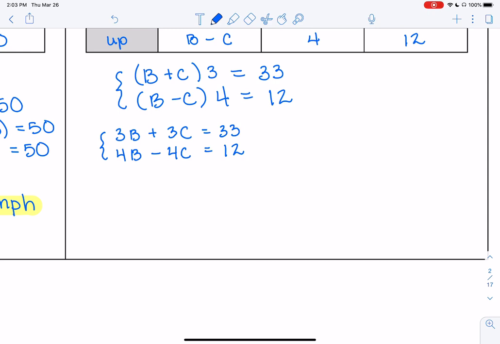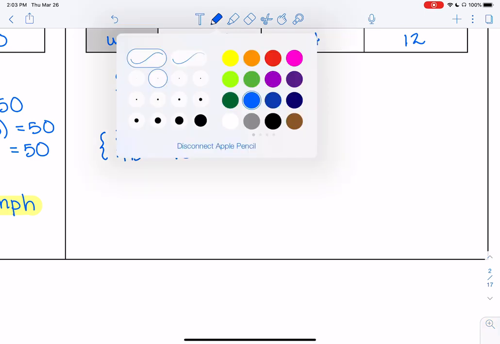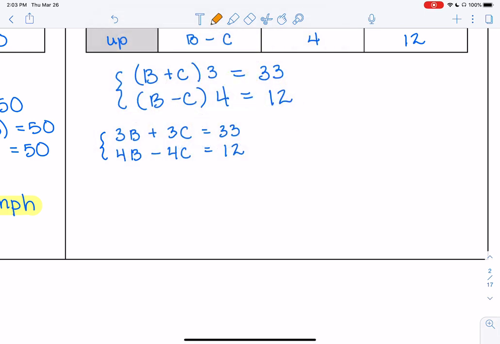Now, it does not have any double variables that I need to be focused on. I just have a single b or a single c. So I can eliminate either one of those, but right now nothing is set up for elimination. I'm going to have to alter my equations in order to eliminate. So if I were to find a number that both 3 and 4 go into, that would be 12.